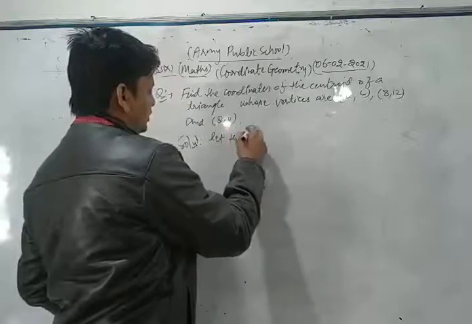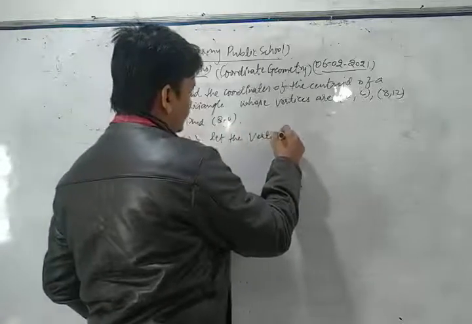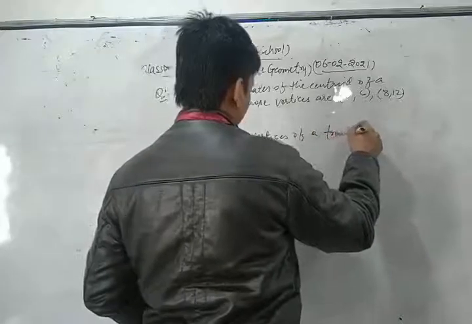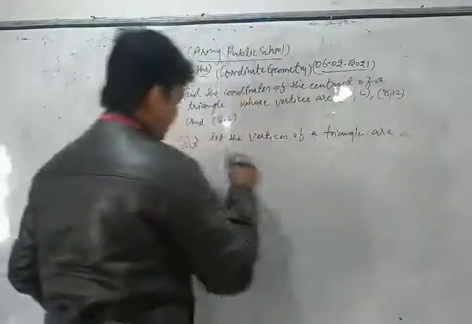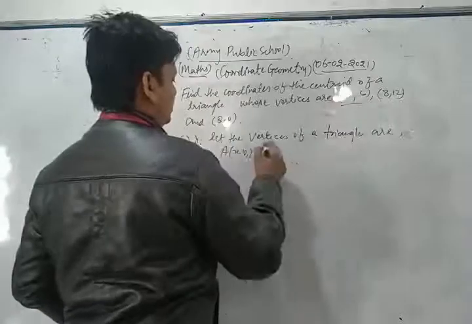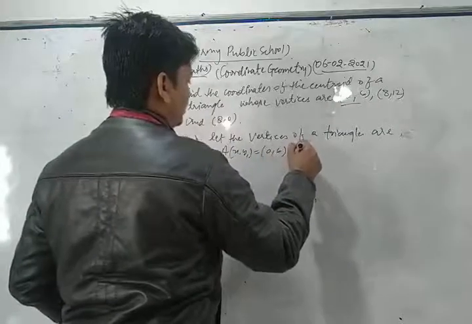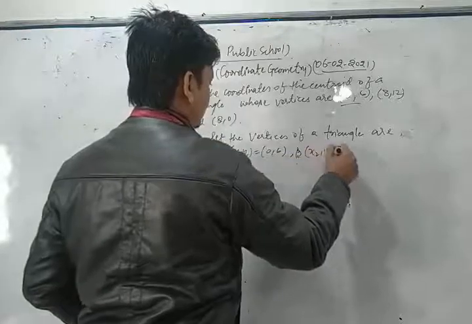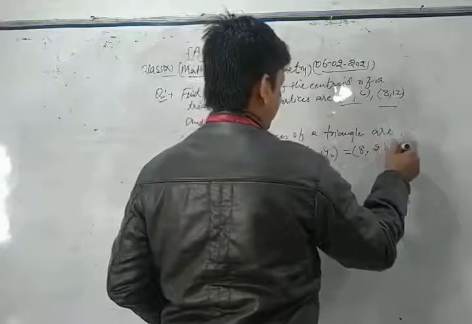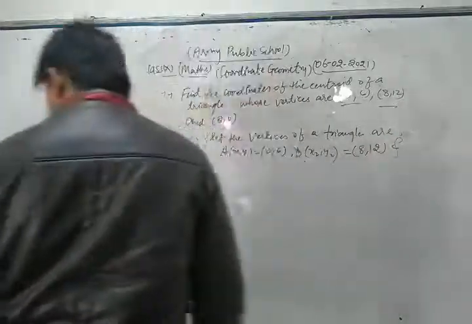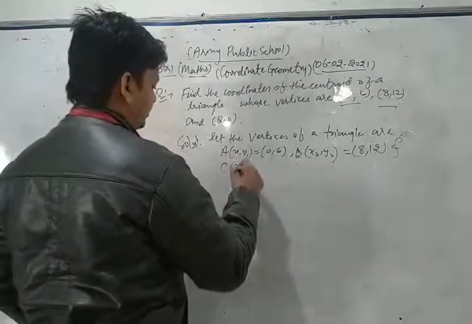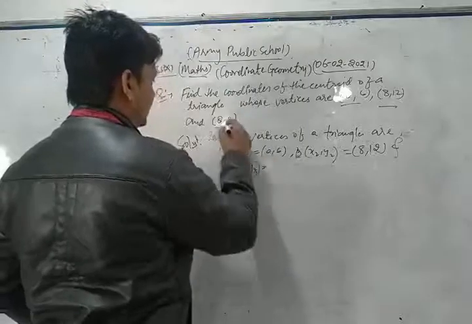Let the vertices of the triangle be A (x1, y1), which is (0, 6), B (x2, y2), which is (8, 12), and vertex C (x3, y3), which is (8, 0).